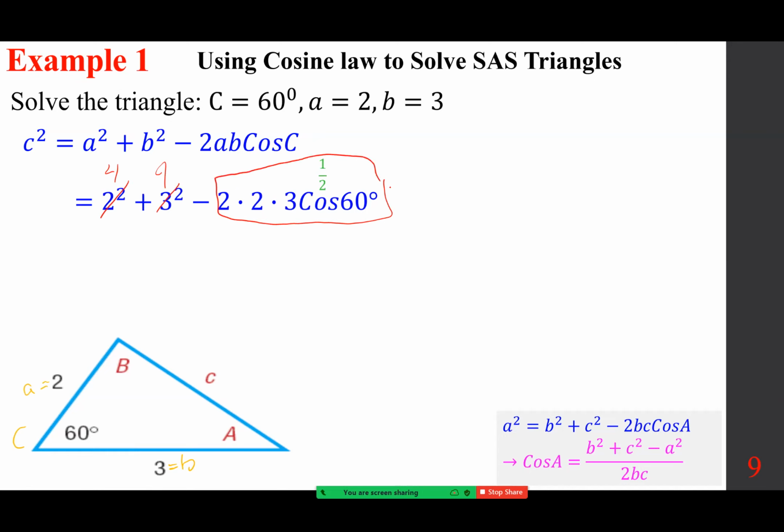And the product of 2 and 2 and 3 is 12, with 1/2 becomes 6. 4 plus 9 minus 6 is 7. Therefore, c is the square root of 7, because this is c squared. So we found the lowercase c to be the square root of 7.